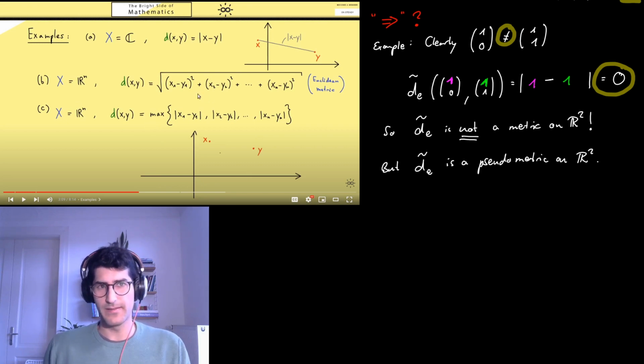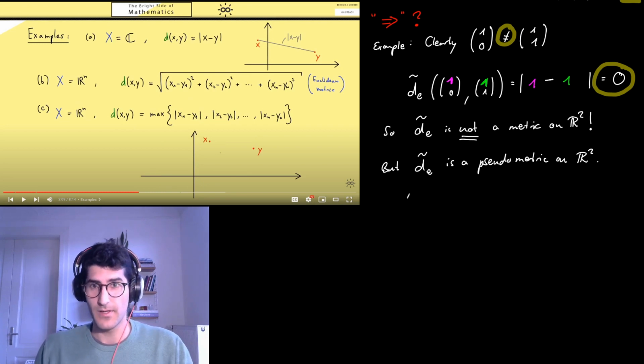You may see that this second metric is of the same structure as the first one. So you can think about the following. A quick mental exercise.